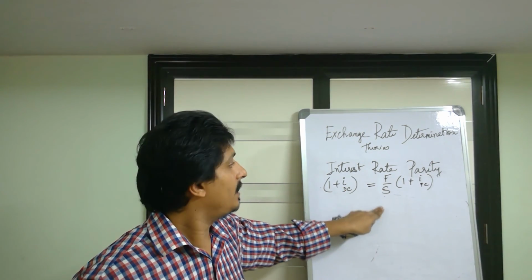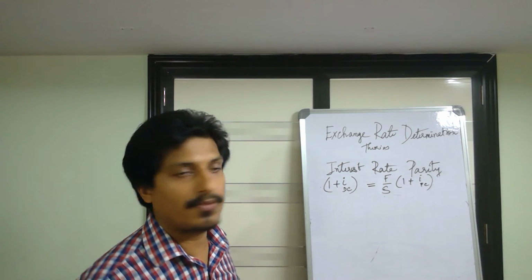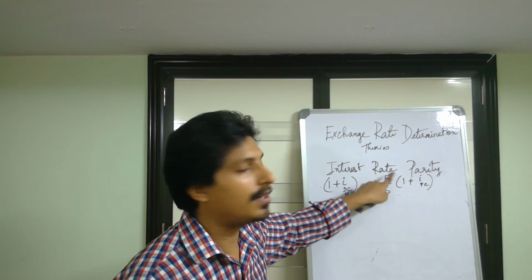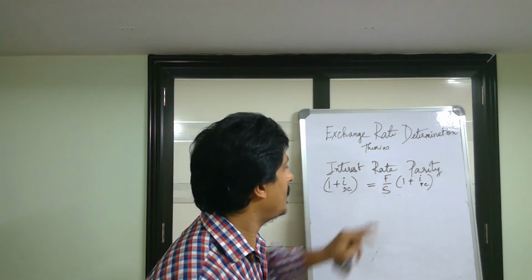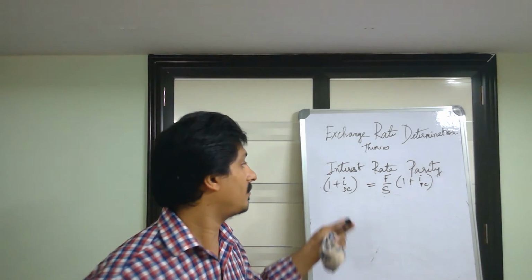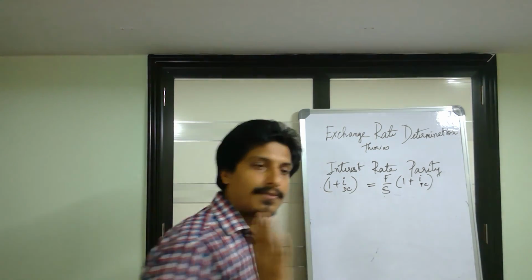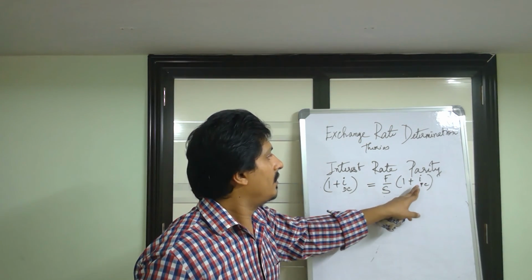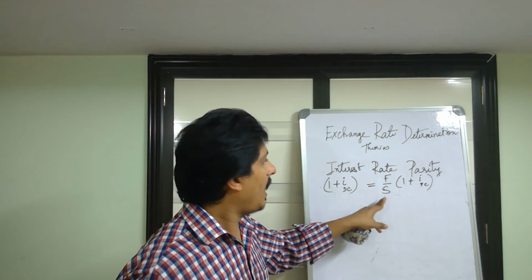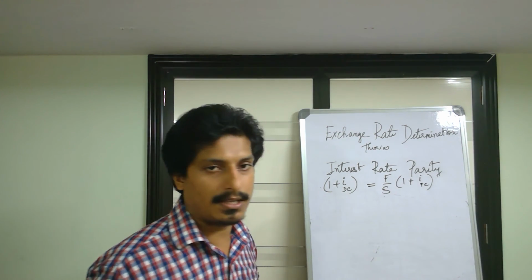The interest rate parity formula is also used for calculating forward rates. Why? Because you see there is a forward rate, F, here. So if you interchange, you will get the way to calculate forward rates. This will be the interest rate differentials. Other than that, everything remains the same. I will teach this when I discuss forward rates again in detail.